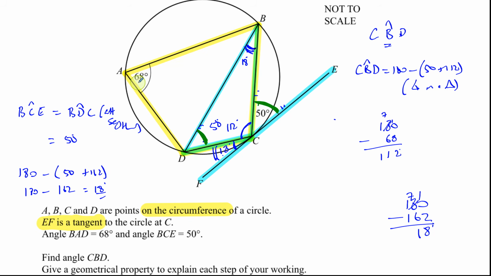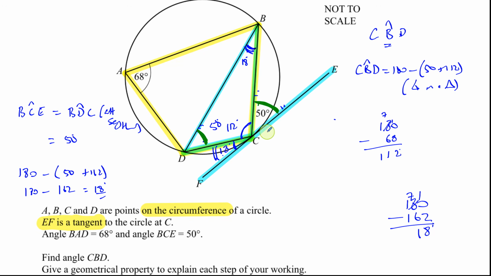One way is what we did. We found this angle by the opposite angles in a cyclic quadrilateral. The angle between the tangent and the chord, okay, then we found what this angle is. This angle FCD by the angles in a straight line add up to 180, 150 plus 112, and then subtract from 180. And then the alternate segment theorem, this angle here is equal to the angle on the opposite side standing on the same chord.